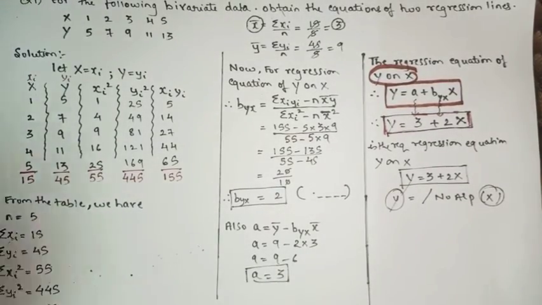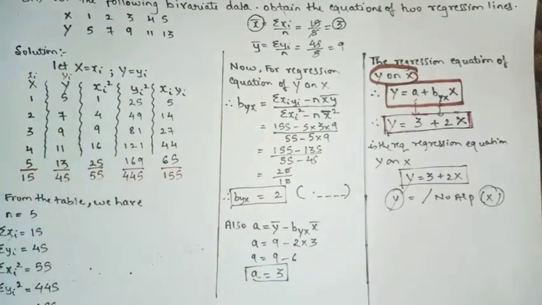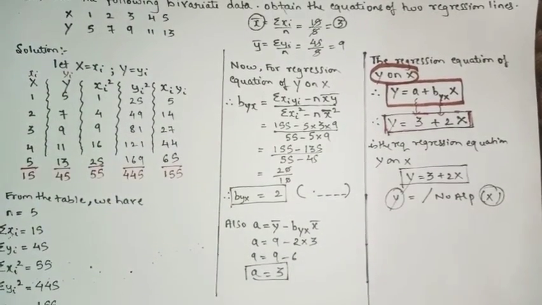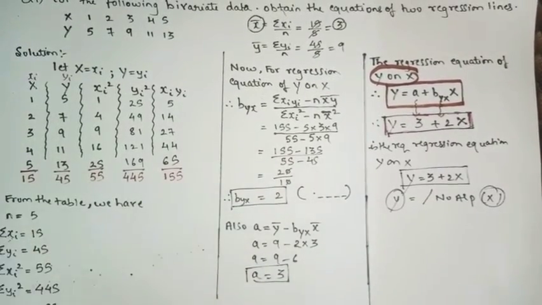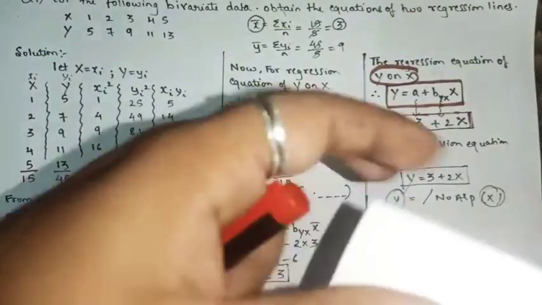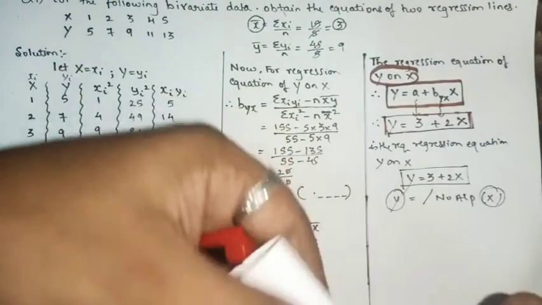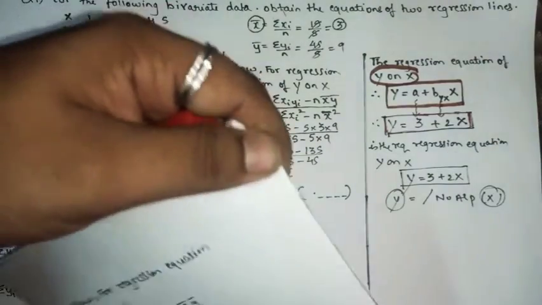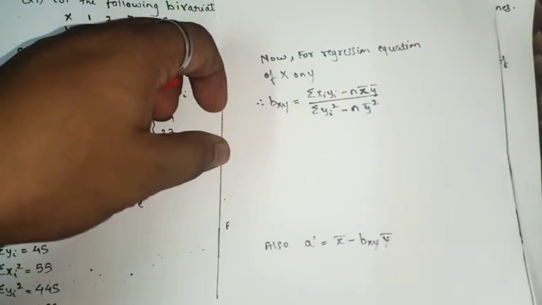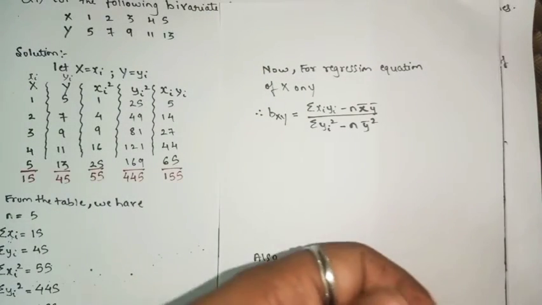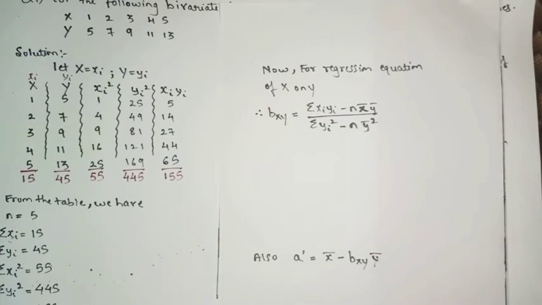Now we'll take the same sum. So now we'll find the answer for x on y. But remember, in the board exam, either they will tell you to find y on x or else x on y, not both.